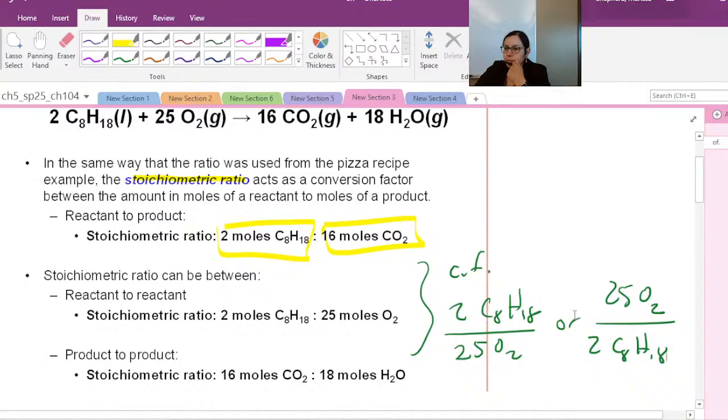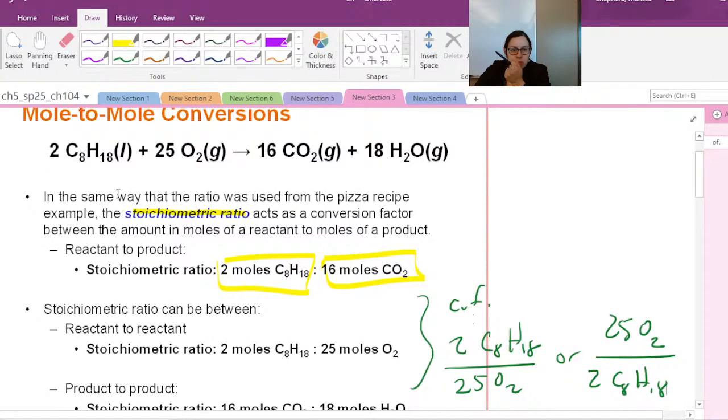How come in this case the octane is in liquid state? Octane is going to be a liquid. I thought it was always an aqueous solution. It just depends on what it is.